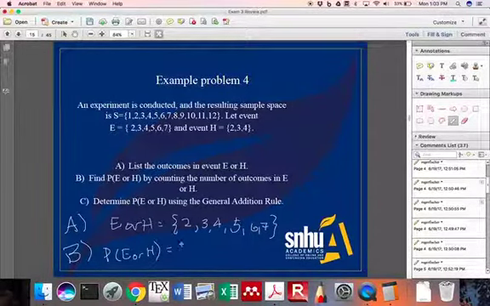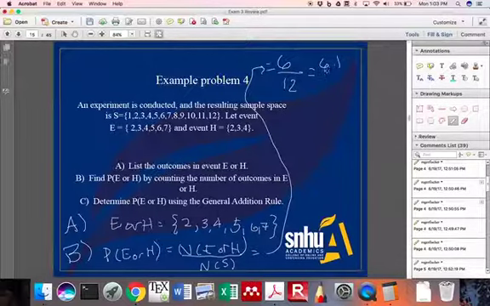And excuse my terrible notation. And so there are 6 events in E or H. And let's see, there are 12 events in the sample space. This is 6 times 1, 6 times 2, 1/2. So that's the probability of E or H.